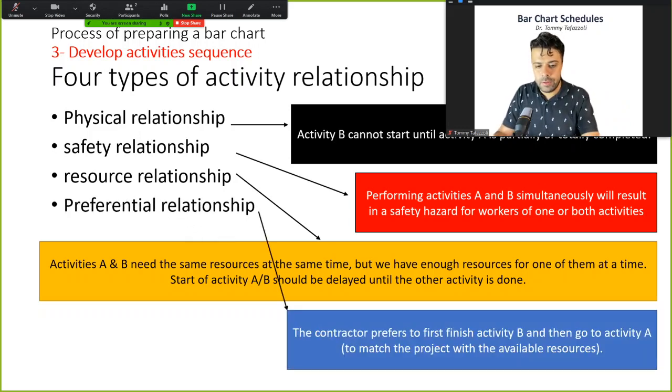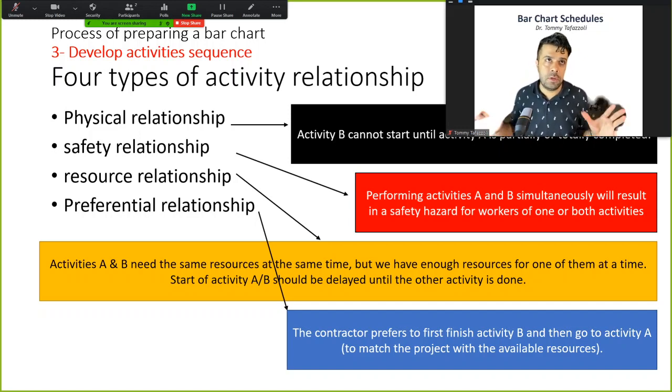And there could be sometimes preferential relationship, which is the weakest, or let's say least necessary type of relationship. The way it works is that the contractor will sometimes tell you, I just feel more comfortable if I do this first and then I want to do that.